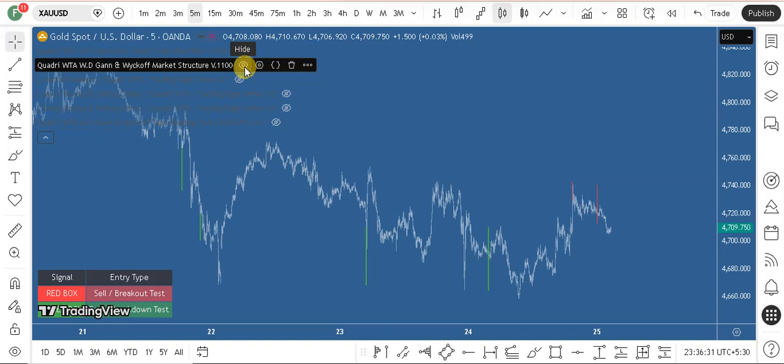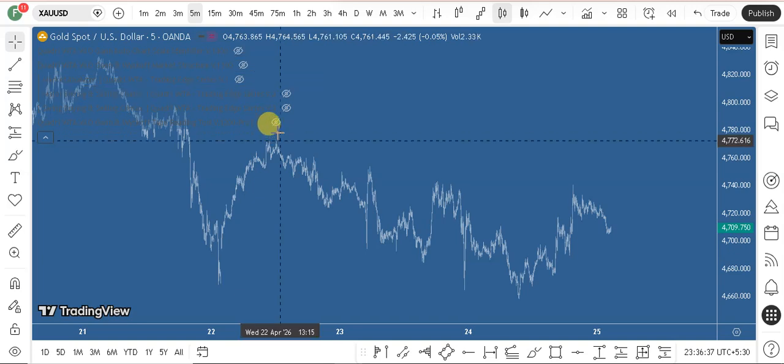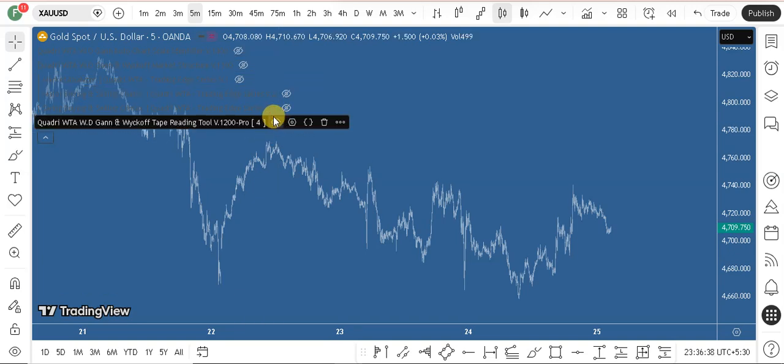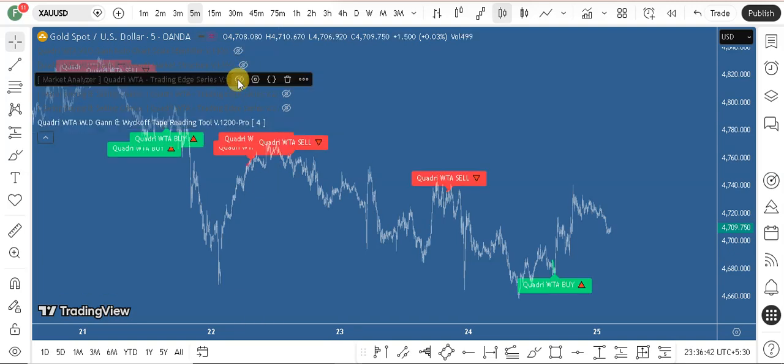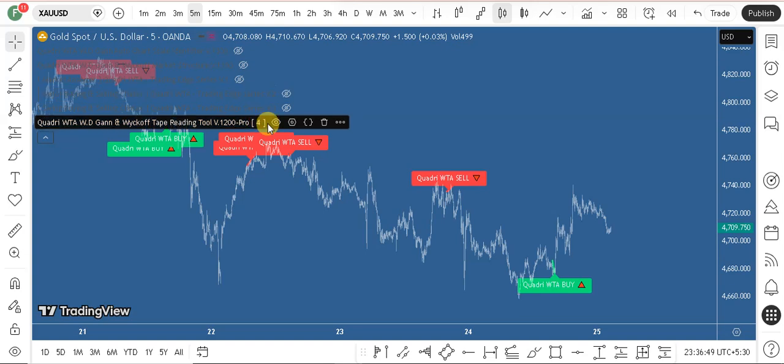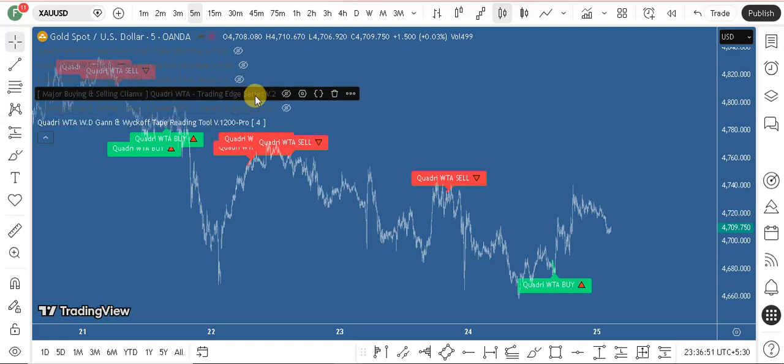So, without any further ado, we'll dive into the second indicator. We have four indicators which we have to study. Today I'll be covering two indicators, and tomorrow I'll be covering two indicators.